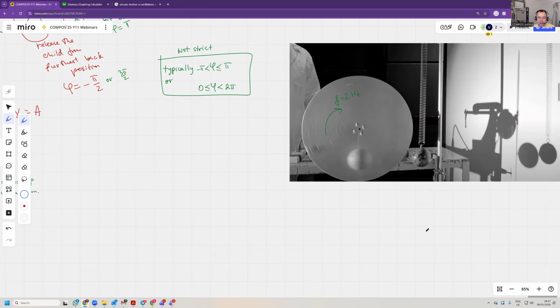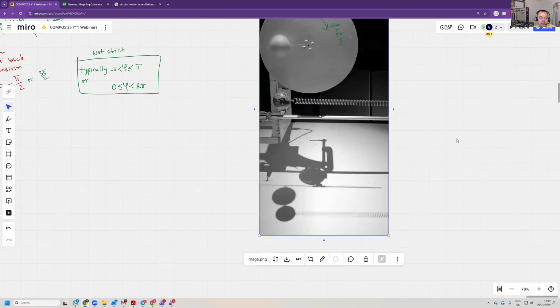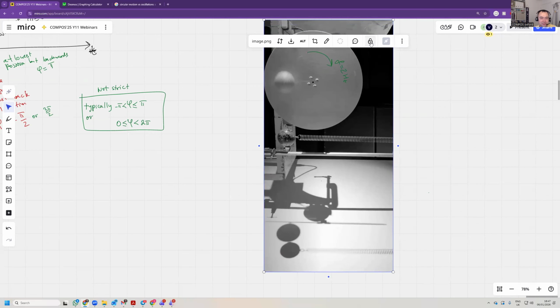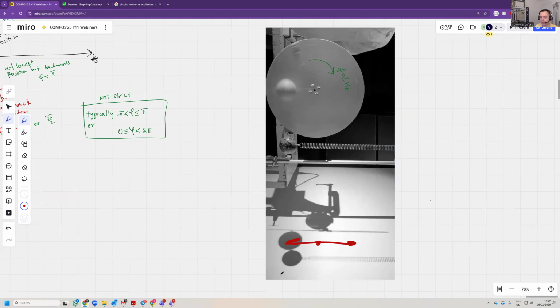So let's rotate this image and see if we can get somewhere. So like this. And you can see that the shadow oscillates. This is the center. The shadow oscillates back and forth.